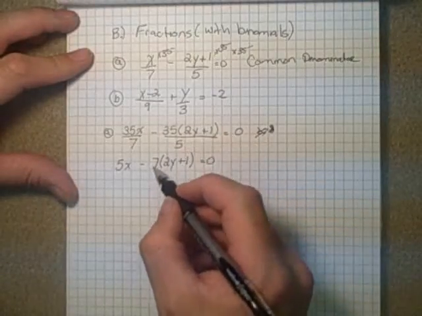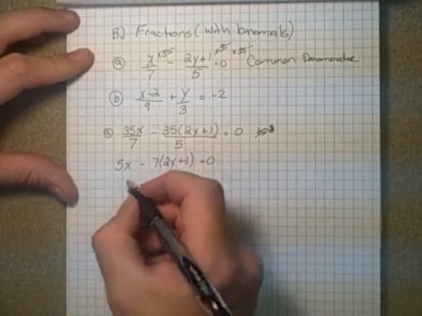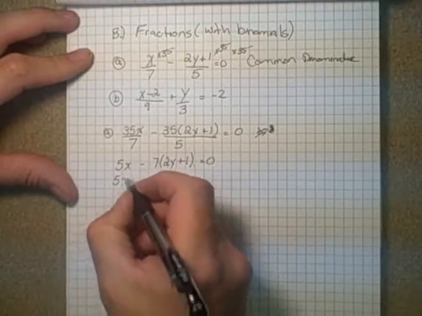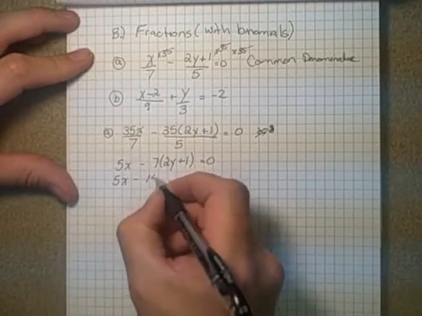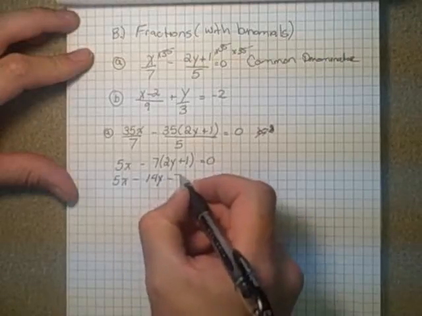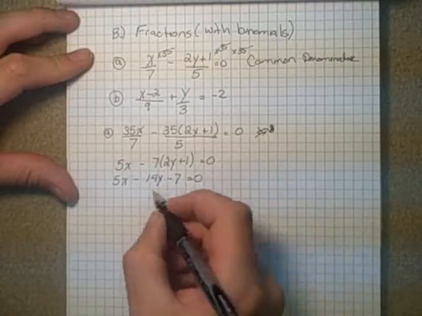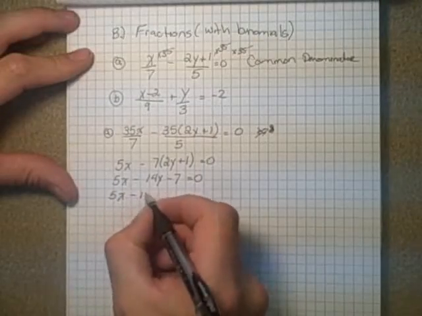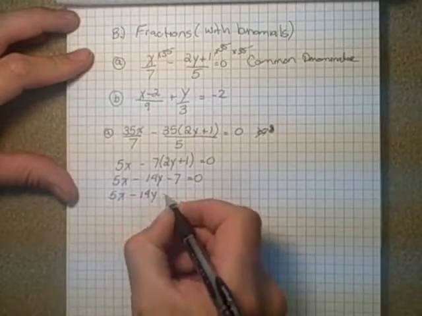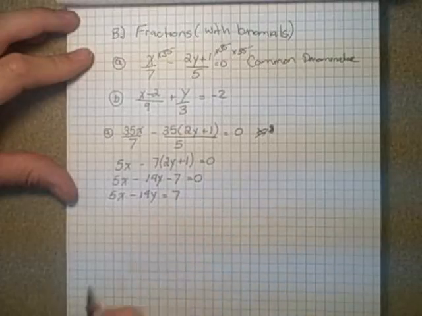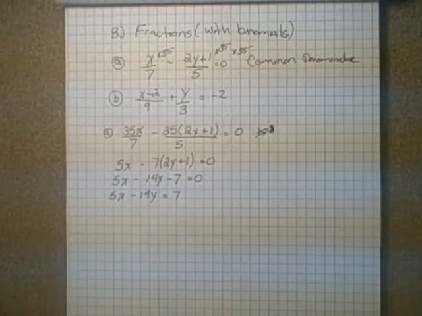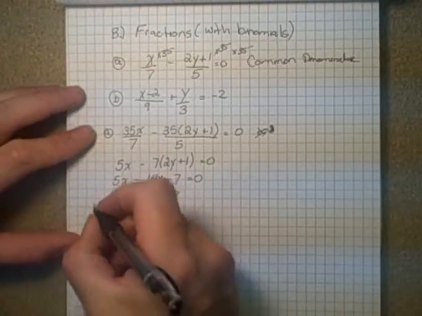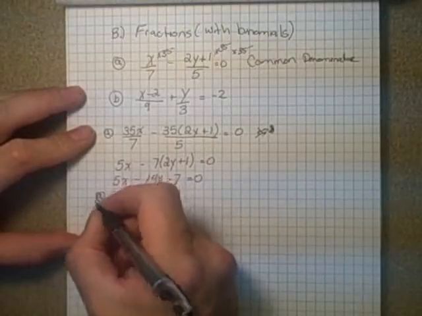So that reduces down to just 7 over 1, or 7. So then we can work this out to 5x minus 14y minus 7 is equal to 0. Bring the number over. 5x minus 14y is equal to 7. Okay, so there's an expression for A that has no denominator in it now. So we'll be able to work with that.